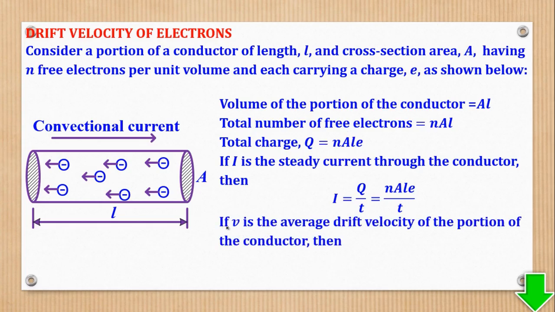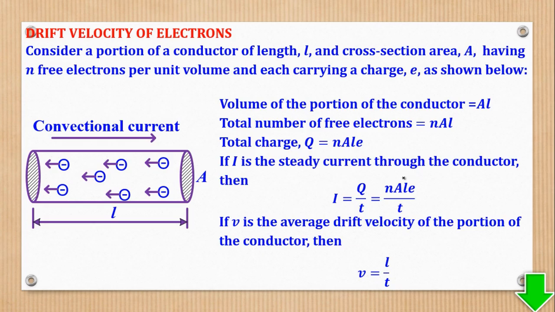If v is the average drift velocity of the portion of the conductor, it implies that v is distance over time. Remember, it moves this distance in time t, as it was given. So drift velocity is equal to distance over time, which is L over t.